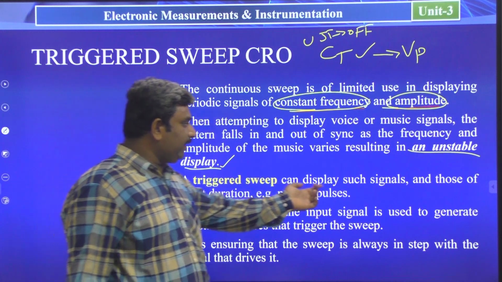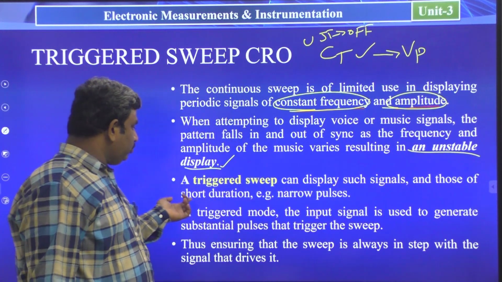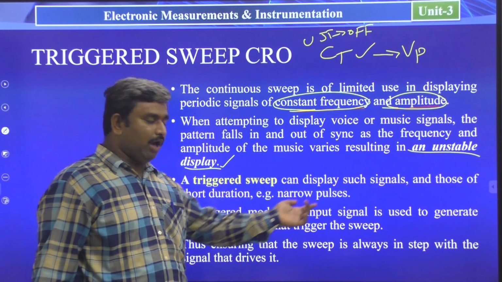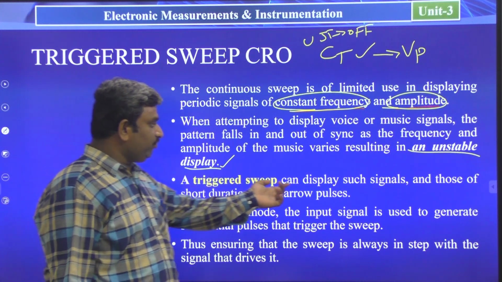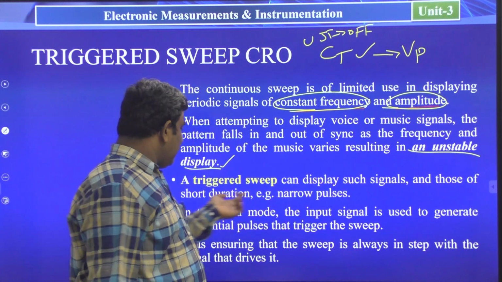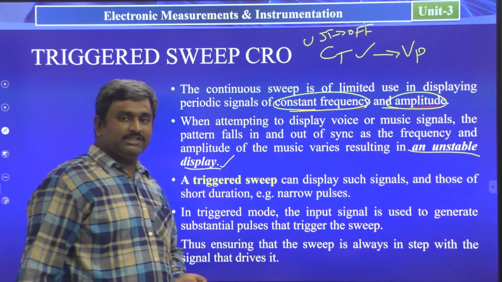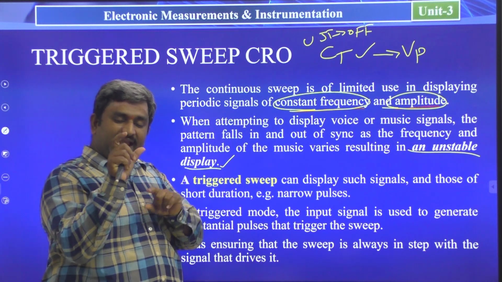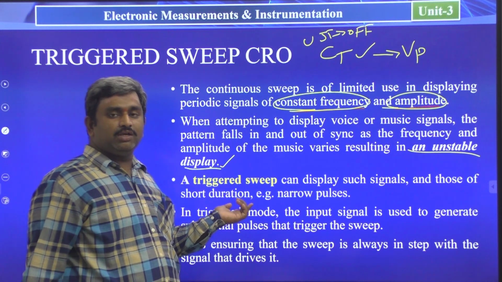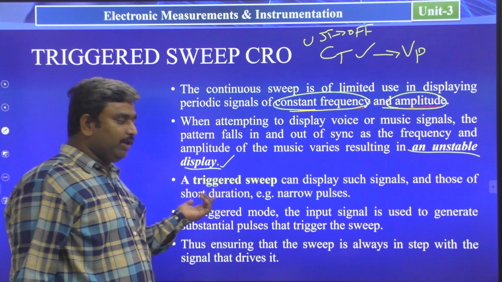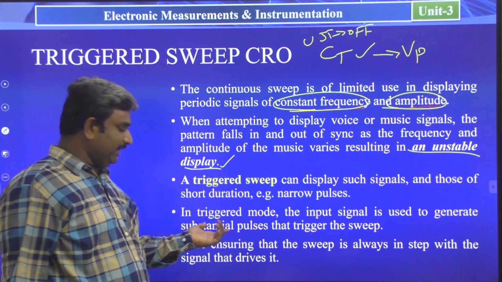A triggered sweep can display such signals and those of short duration, for example narrow pulses. That means this triggered sweep CRO can show narrow signals and visualize them clearly.